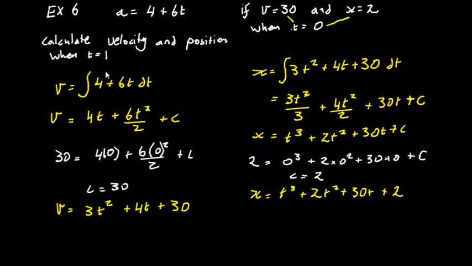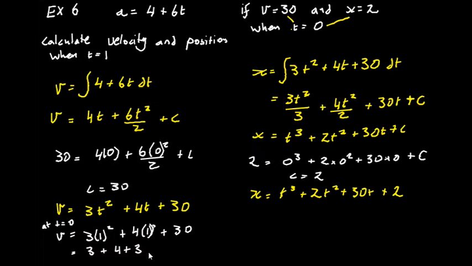And our final step is to find the velocity and position when t is equal to 1. So we do that at t equals 1, so we're just solving for when t is 1. So we get 1 squared is 1, so 3 plus 4 plus 30 gives us 37.